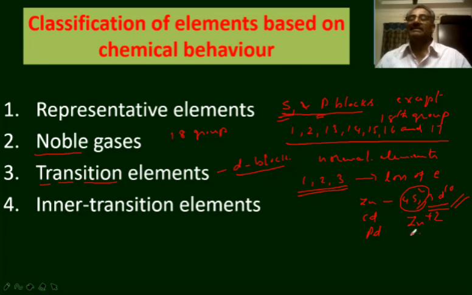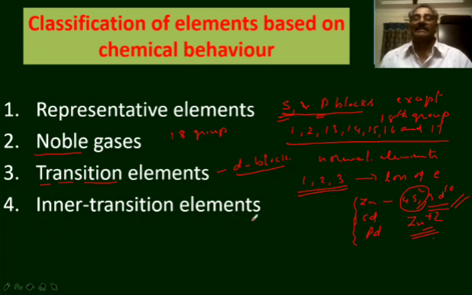Because of that, zinc is not considered as a d block element technically. In the same way, cadmium and palladium are also not considered as d block elements. But these three elements, zinc, cadmium and palladium, possess similarities in the properties of transition elements. So these elements are also studied along with transition elements.